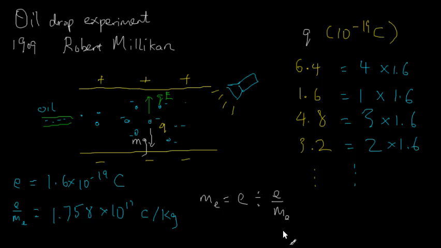Then the e and e cancel, and the m_e becomes inverted so that the right side equals the left side. This means taking this number and dividing by this number. If you do this, you will find that the answer is 9.1 times 10 to the power minus 31 kilogram, and that is the mass of the electron.